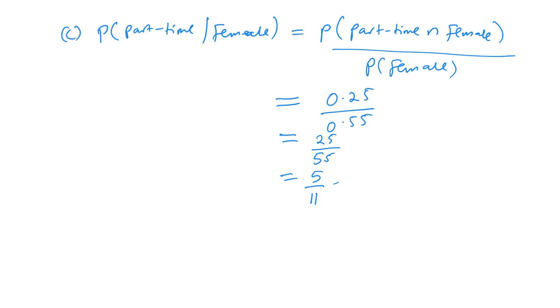If you want to put this in decimals, 5 divided by 11 gives 0.454, which is a recurring decimal actually. So 5 over 11 is a better answer than writing 0.45 recurring, but that's the answer. That's the probability that a student chosen from the female students is a part-time student.